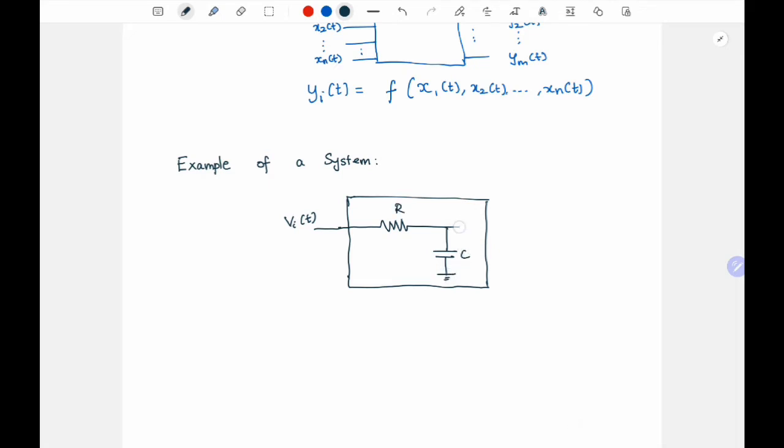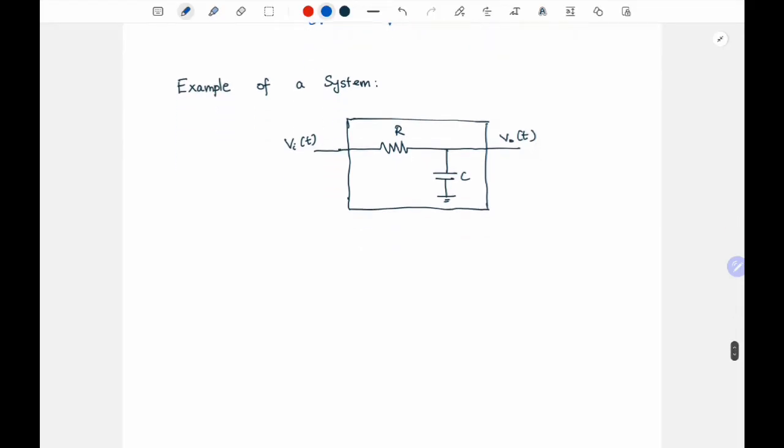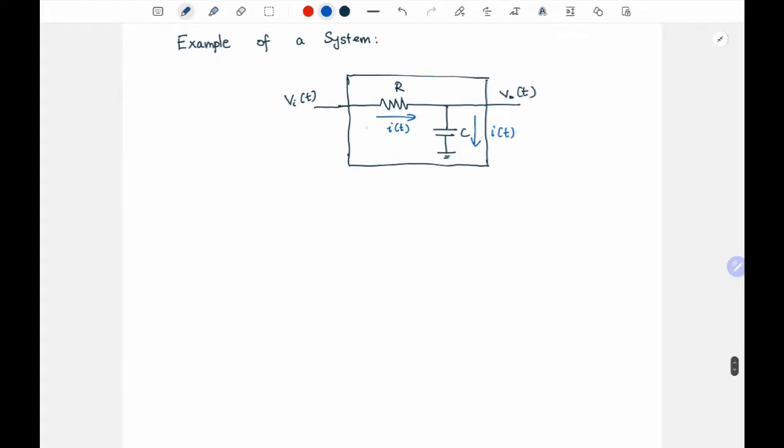R and C. And this is the output, Vo of t. Okay, and now this is a continuous time system, and let's say we want to find the relation between Vout of t and Vin of t, right? So we can apply simple laws, right? Let's say the current is I of t. So the same current I of t will be flowing through the capacitor. So writing first the simple Ohm's law, what will you get? I of t is nothing but (Vi of t minus Vo of t) by R, right?